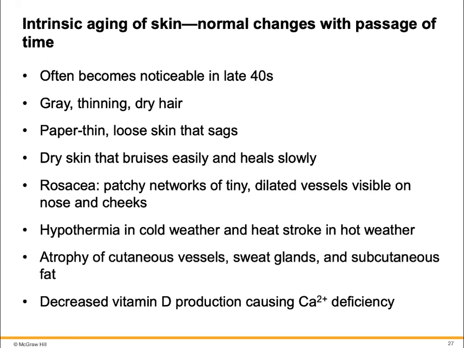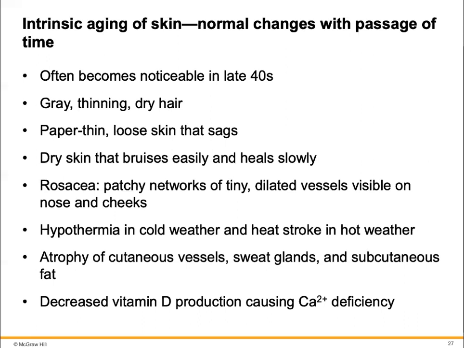It has to do with actually our blood flow and that kind of thing. You start to get more patches of dilated vessels that are visible on your nose and your cheeks. It's because you don't have as much collagen blocking those deeper skin layers. You have less fat retention, which can lead to hypothermia, or you get cold more frequently.